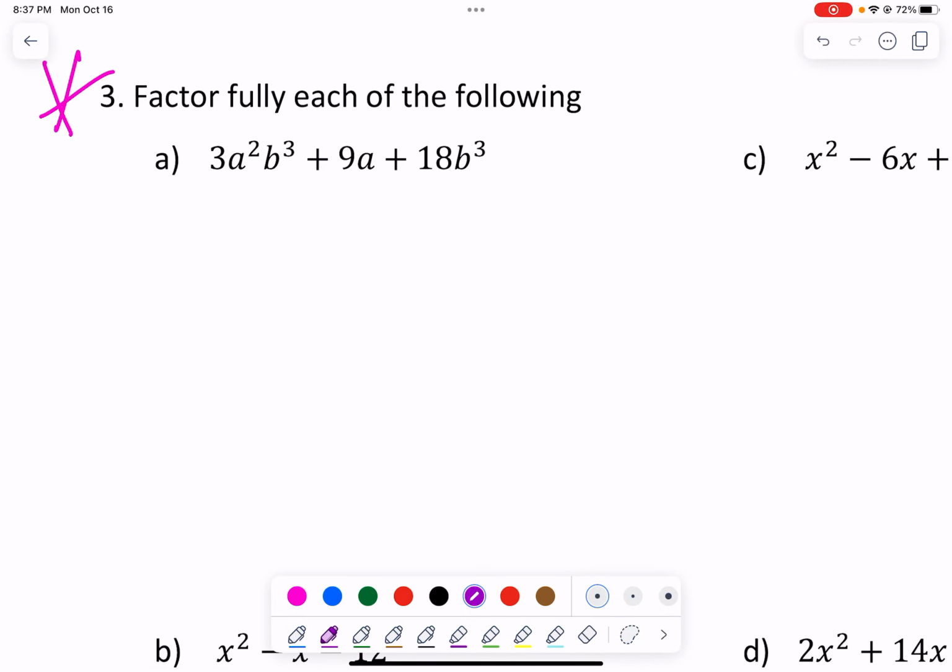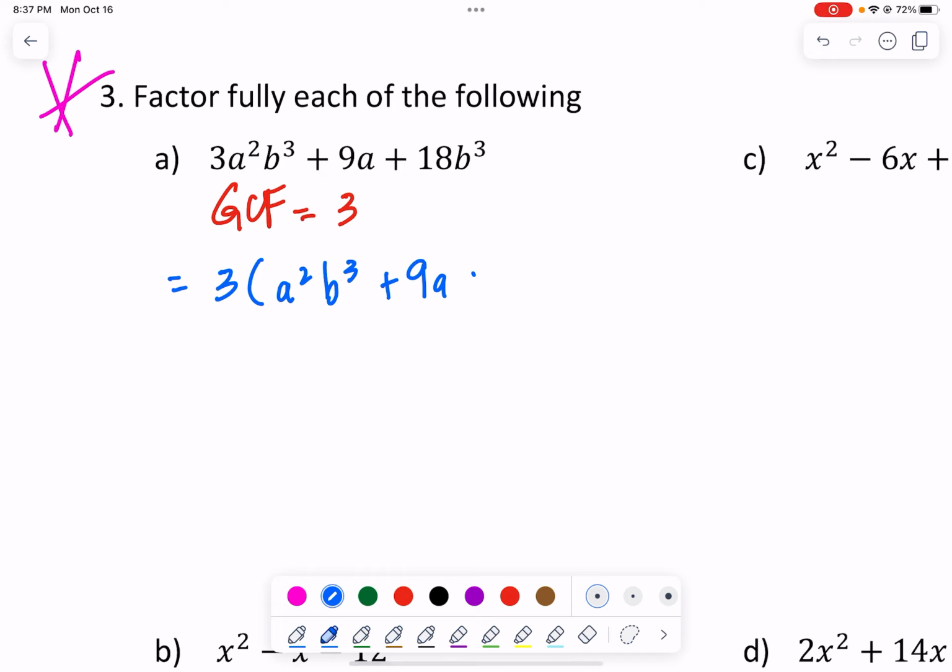3a, so the first step is the GCF, and the common thing to everything is just a 3. So if I factor out 3, what's left behind is a squared b cubed plus 3a plus 6b cubed.